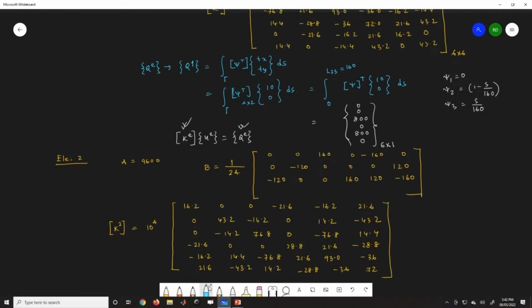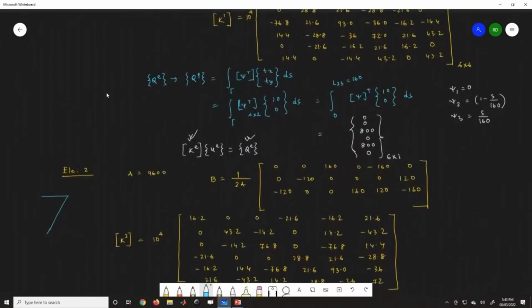So if I do this, what will happen? The entries correspond to which degrees of freedom? Now if I draw the element, this is my element.